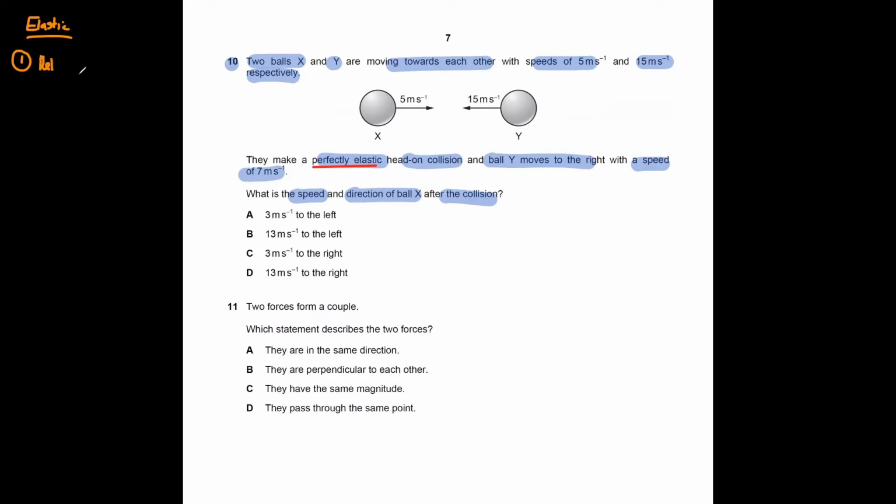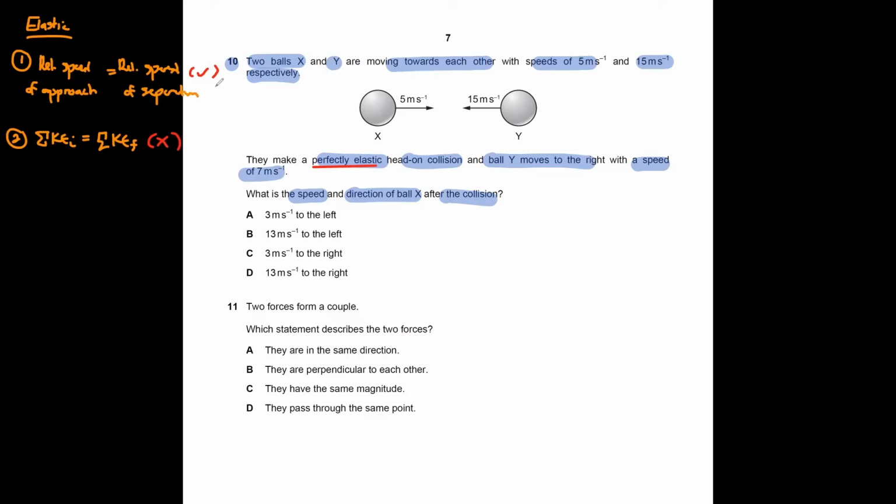The first one is that relative speed of approach is equal to relative speed of separation. The second is that kinetic energy is conserved: total kinetic energy before collision is equal to total kinetic energy after collision. But we won't be using this second condition to evaluate this question. We will be using the first condition here.